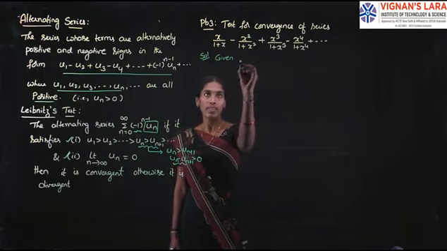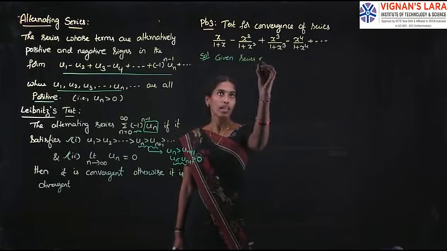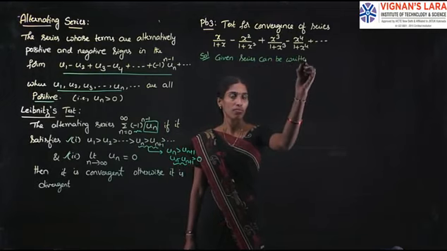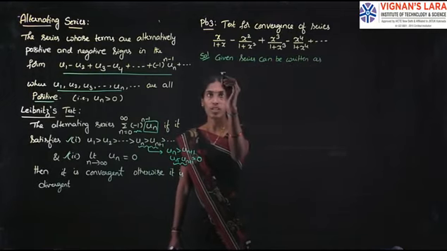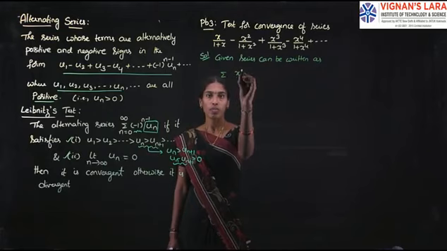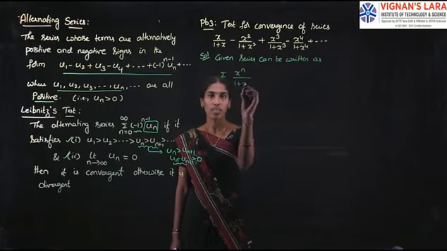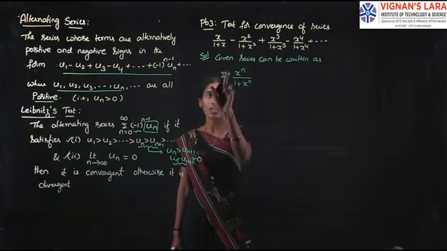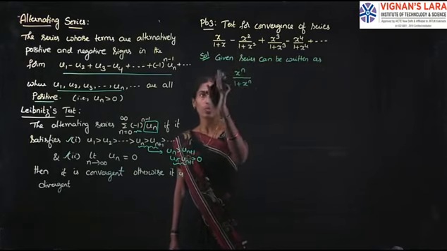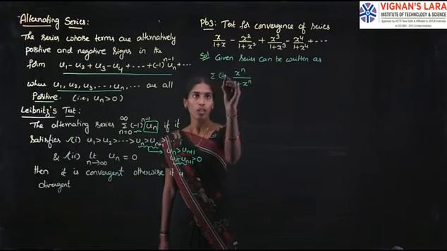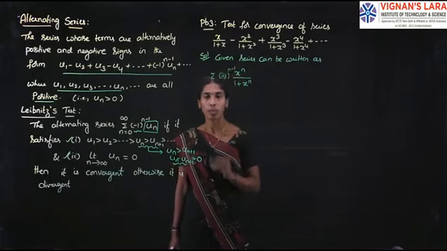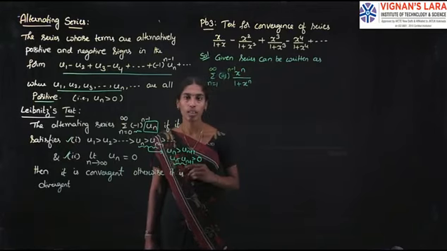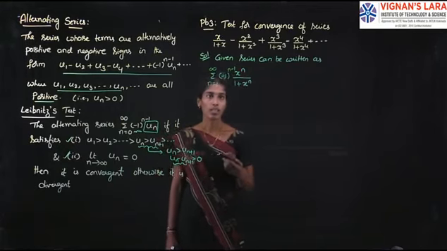Easily we can write it as summation x to the power n by 1 plus x to the power n, because to represent the alternatively positive and negative terms, we have to include minus 1 to the power n minus 1, n is equal to 1 to infinity. Here what is un?